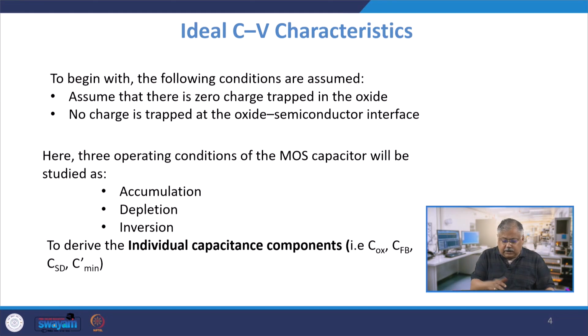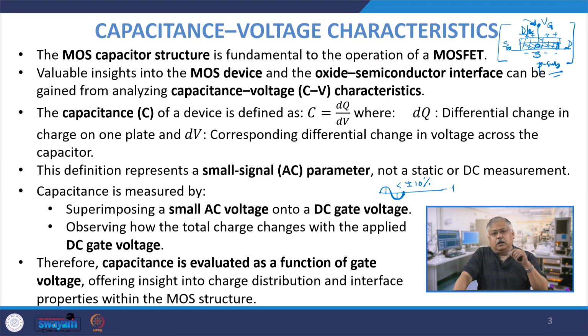Now, let us look at the ideal CV. We will use the mechanism I discussed in the previous slide: apply a DC bias, give a small signal AC signal over it, find the capacitance, then shift the DC bias slightly, again give an AC signal and repeat. The frequency of the AC signal can be small or large, that is, low frequency and high frequency extraction of the capacitance.